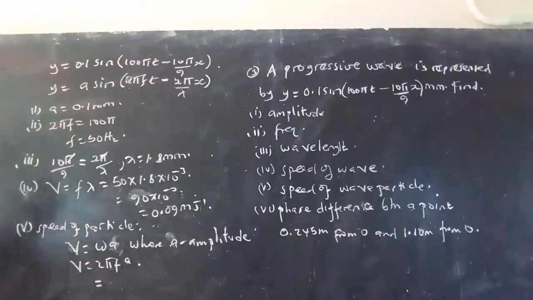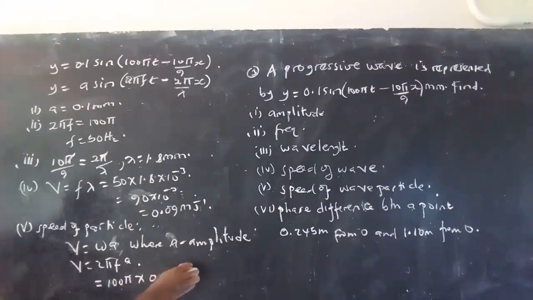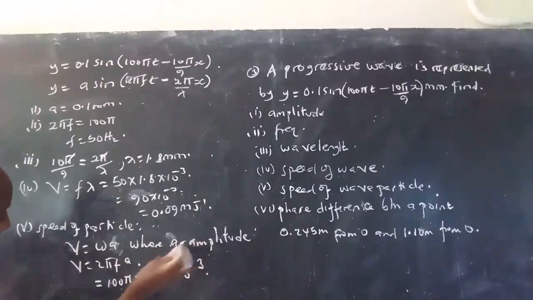So it's same as 100 pi. So this is 100 pi times amplitude, which is 0.1 times 10 to the negative 3.